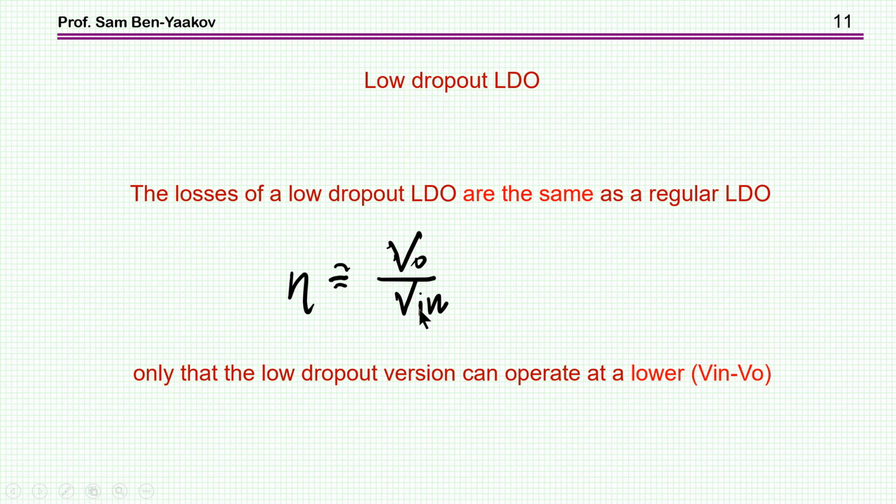So no matter what type of LDO you are using, the efficiency is the same, except the fact that if you use a low dropout LDO, you can use it with an input voltage which is very close to the output voltage. However, in regular operation, very seldom you have a situation in which the input is very close to the output. Usually there is some range to it. So as far as efficiency goes, this doesn't make any big difference.